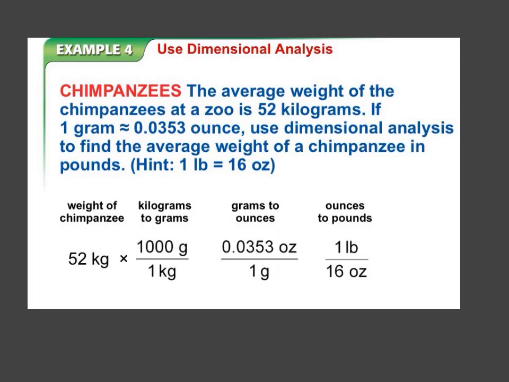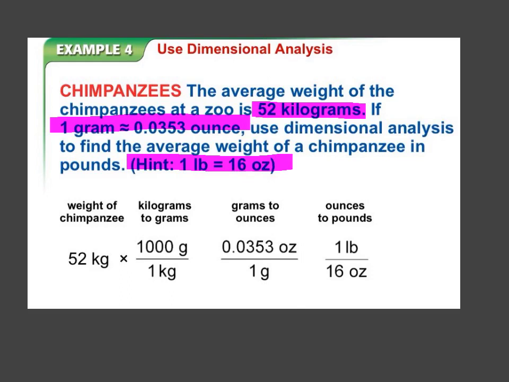Okay, now let's talk dimensional analysis. Now these are going to be a little bit more complicated, but you just have to look at them in steps. Okay, so you know that we've got 52 kilograms, okay? And then we need to go from kilograms to grams to ounces and then to pounds. Okay, so that's what each of these steps means.